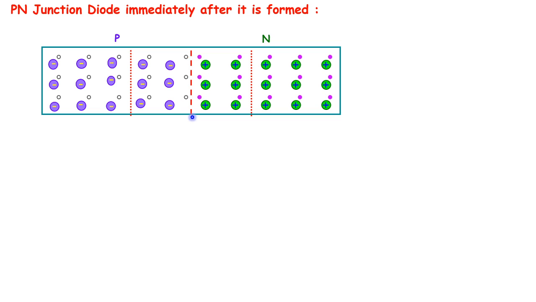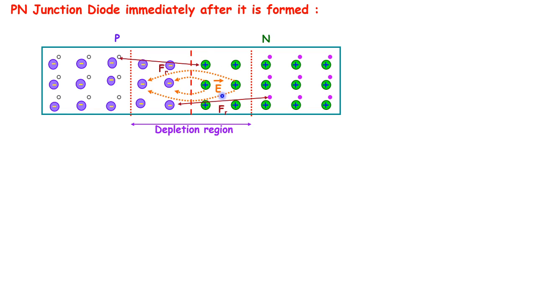See here, the electrons and holes recombine and form a depletion layer. Whatever charge remains here, these are the acceptor impurity materials and these are the donor impurity materials. So on one side there is a positive charge and on the other side there is a negative charge, and it forms a region we name the depletion layer.